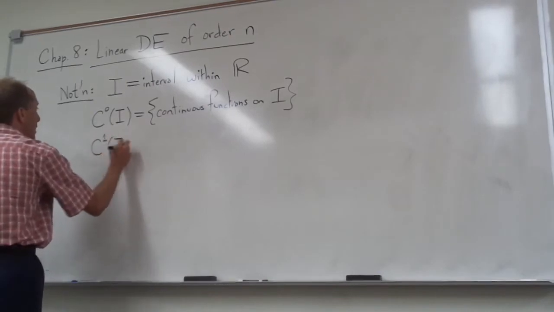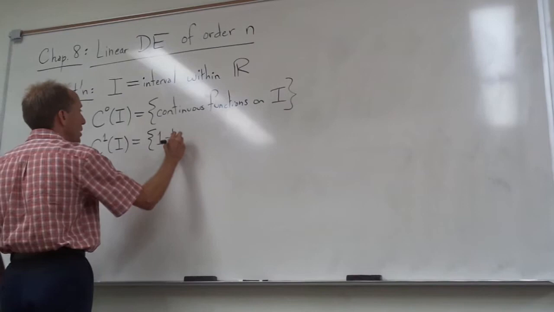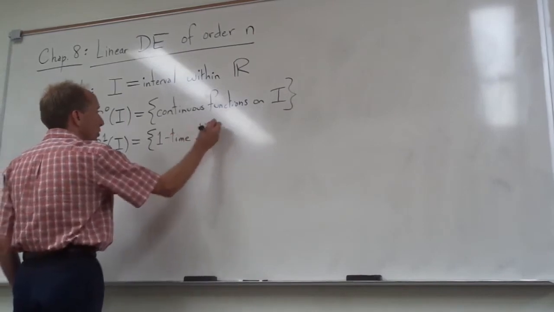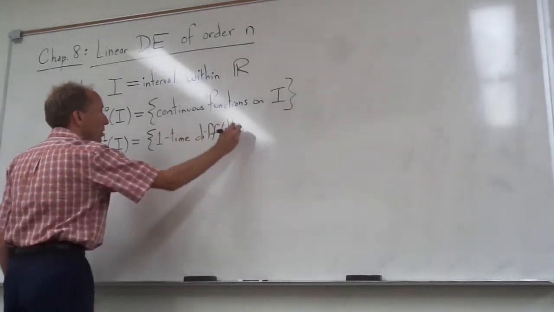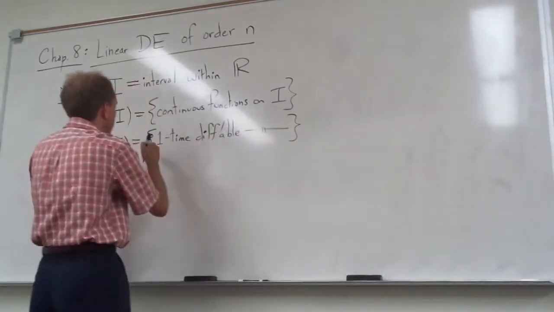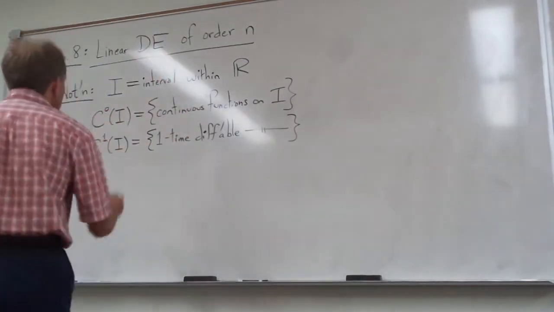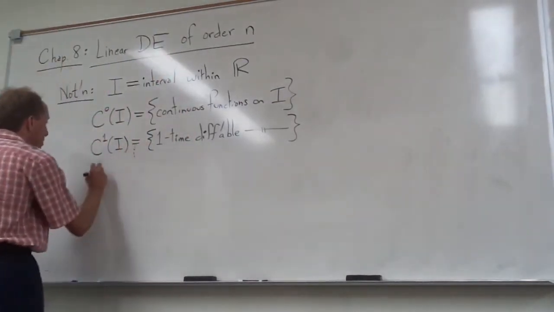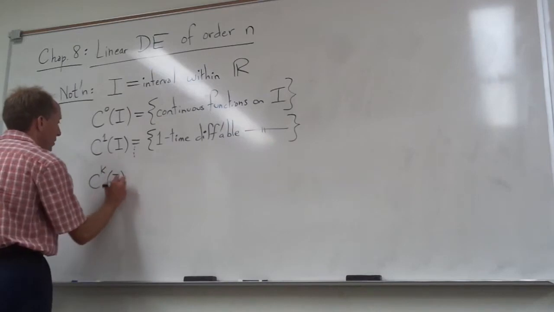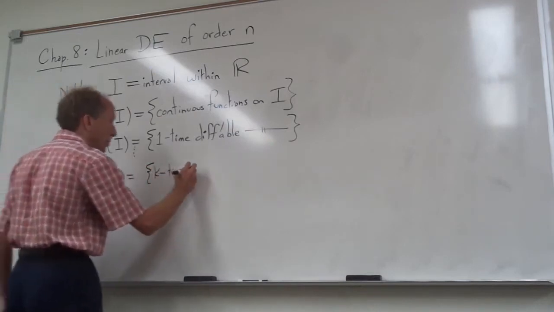C1 of I, this is the set of one-time differentiable, I'll just abbreviate that as diffable, functions on I. So you can take one derivative of the function. Any such function is in that set. And then so on and so forth. C super k of I is the set of functions that you can differentiate k times.